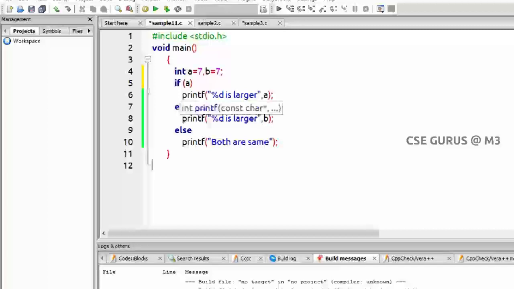The first thing to check is whether it will give any error. Definitely not. If of a means a value is 7, which is non-zero. Non-zero always means true. So if of 7 means if of non-zero, true, so this will be executed simply. You can observe the output of this printf statement.